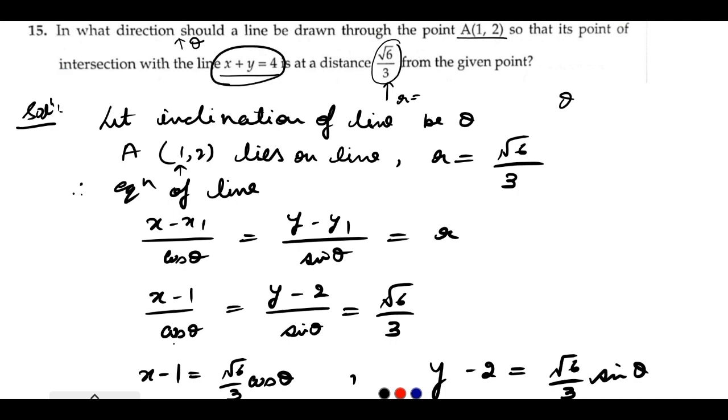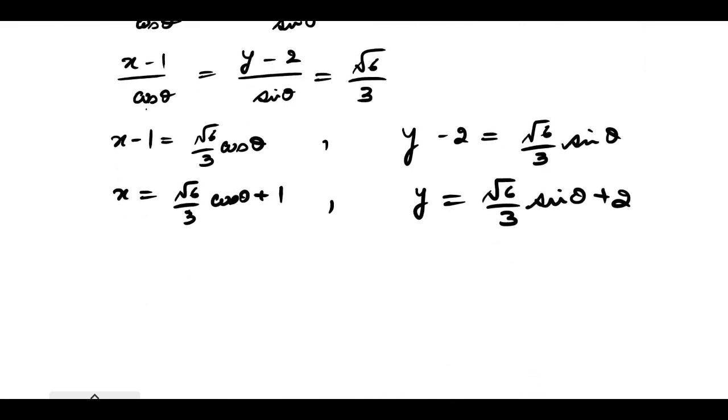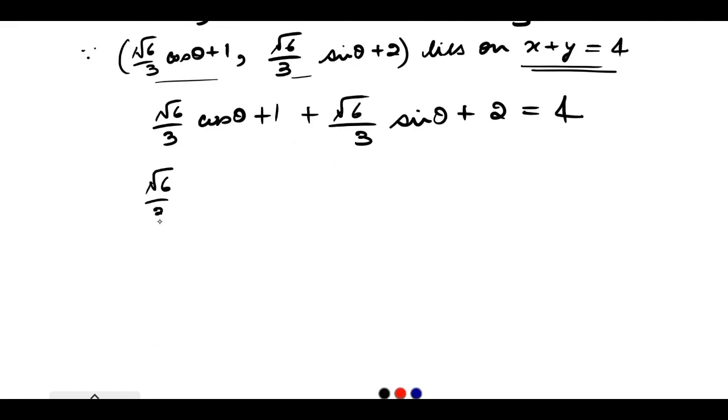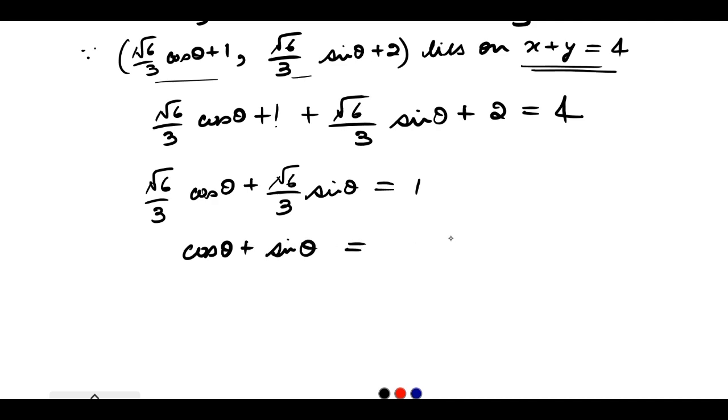Simplifying, 2 plus 1, 3, 4 minus 3 is equal to 1. Means cos theta plus sin theta is equal to 3 upon under root 6.